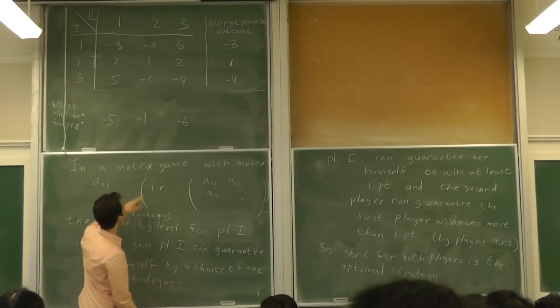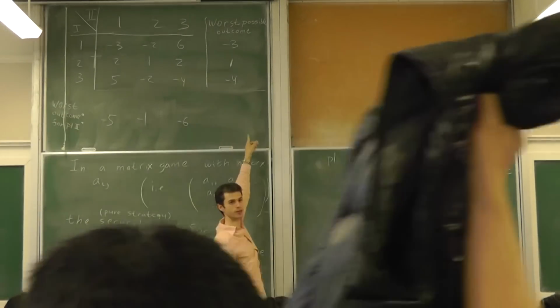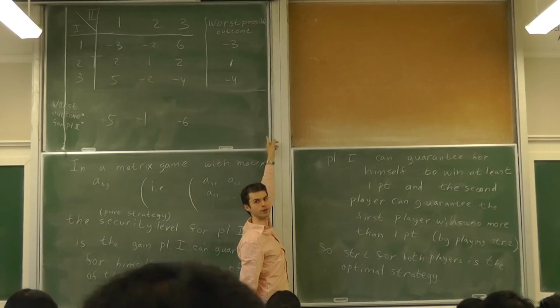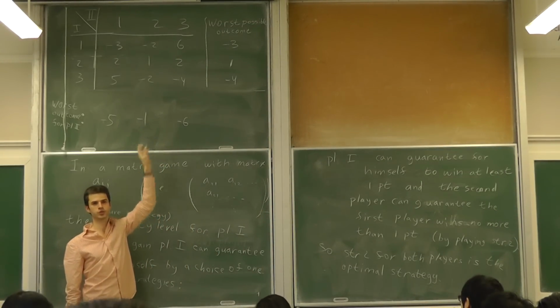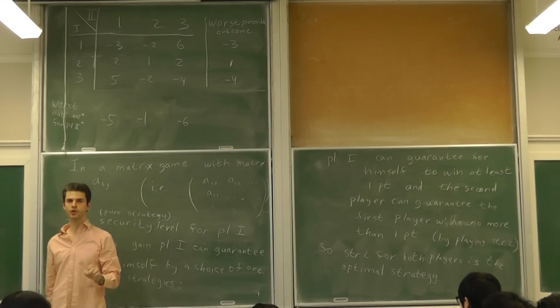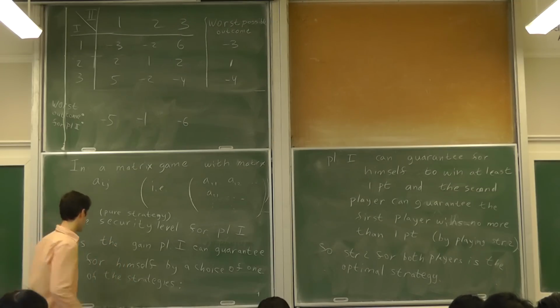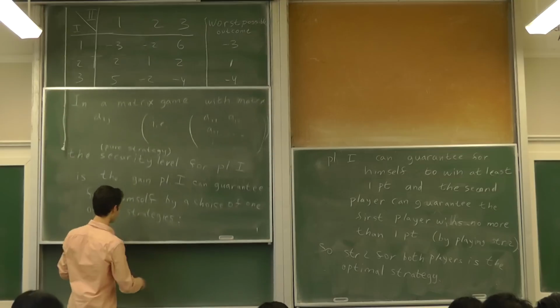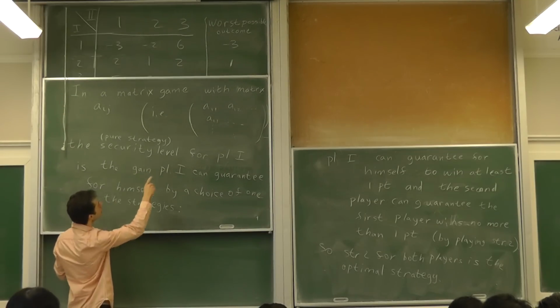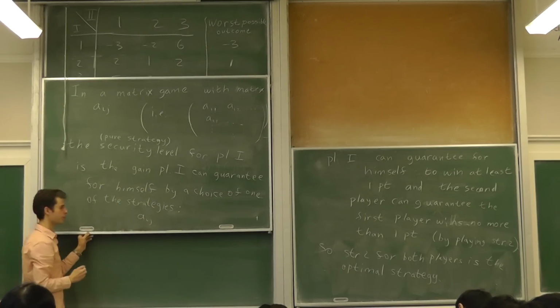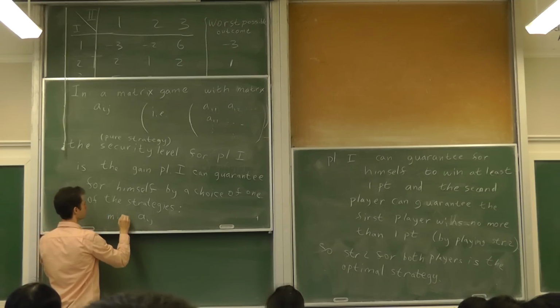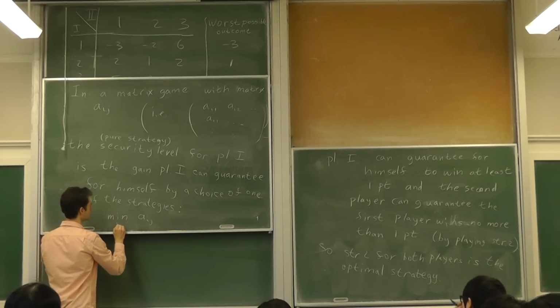So how did we go about finding the security level for player number 1 over there? We went over each one of the rows. In each one of the rows we chose the worst possible outcome for him. So we went over each row, let's say row number i. We looked at numbers A_ij. Among those, we chose the smallest number.